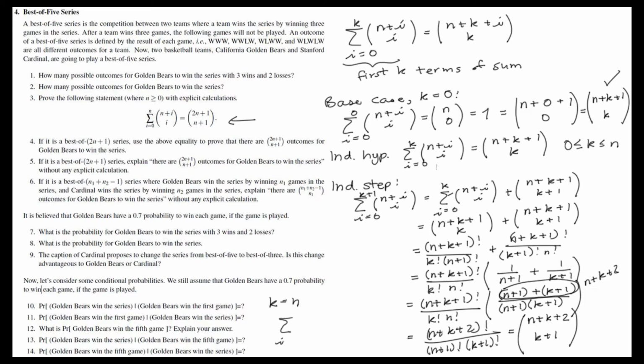So now we plug in k equals n: the sum from i equals 0 to n of n+i choose i is equal to n+n+1 choose n.